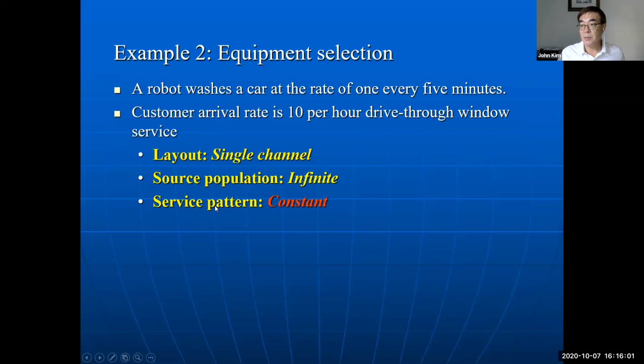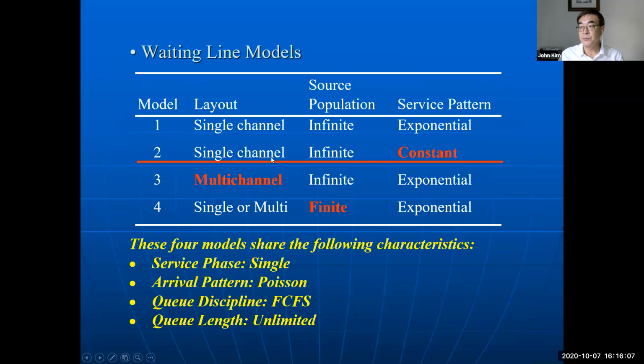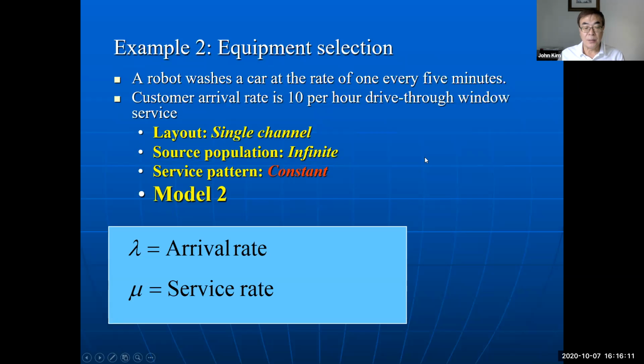When service time is constant, the service pattern is constant, then we use model 2. Similar, but just the formula is different. The arrival rate is given as 10, and the service rate is every 5 minutes, so 60 divided by 5, that is 12.